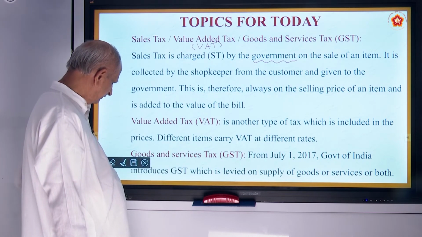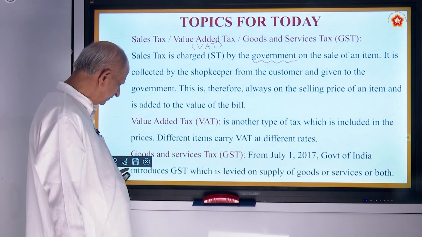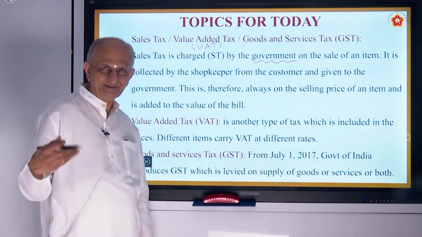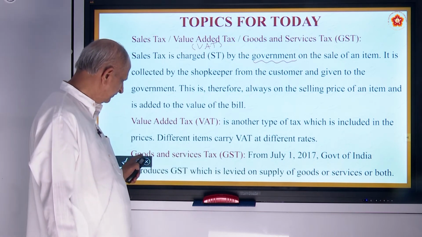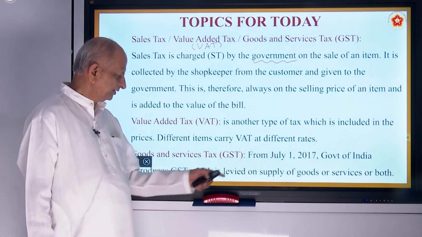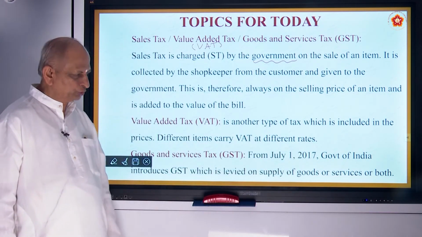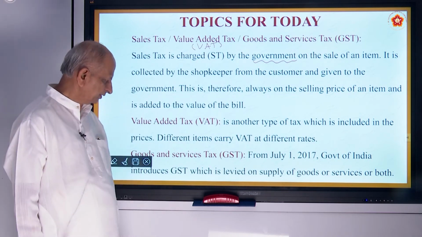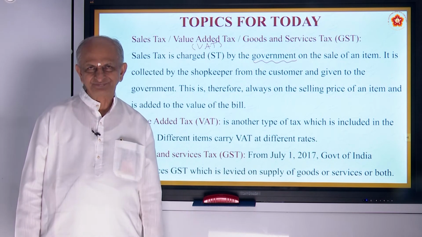The very famous one, and our central government is very particular, and lot of taxes coming to the government now. It's called GST. G means goods and services tax. From July 1st, 2017, Government of India introduced GST.